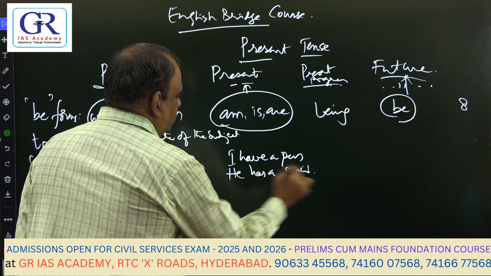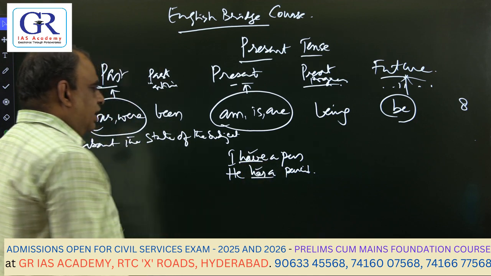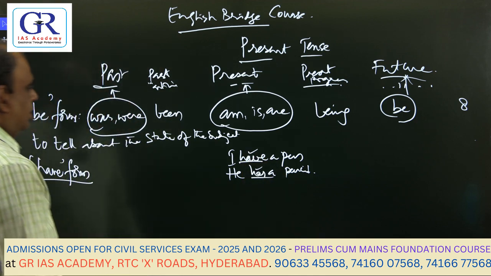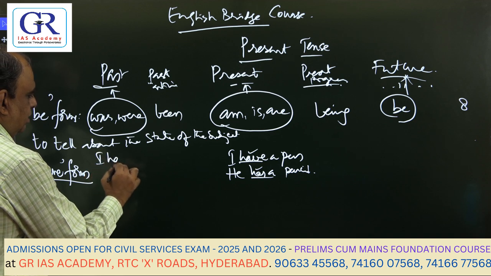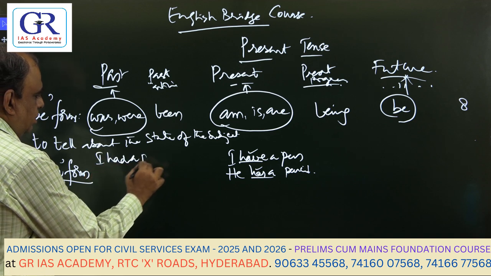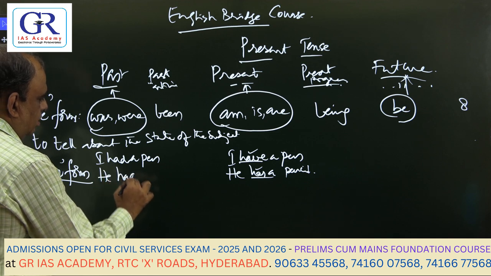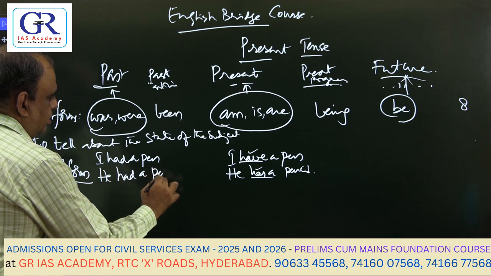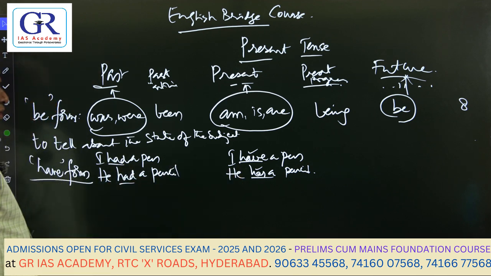Both of them are used in present tense as main verbs, have, has. If I have to use the same in the past tense, what will I say? I had a pen. He had a pencil. So have, has become had here.